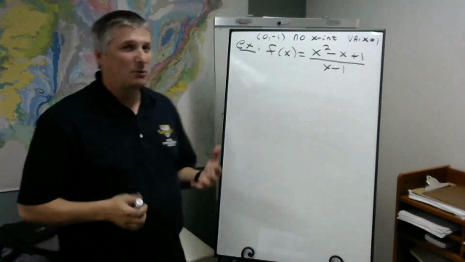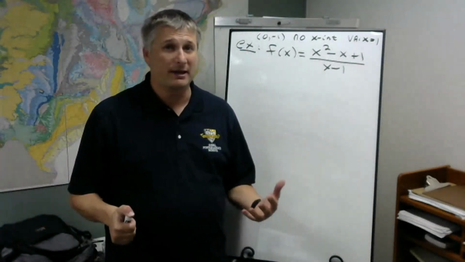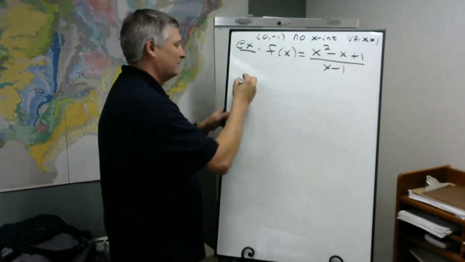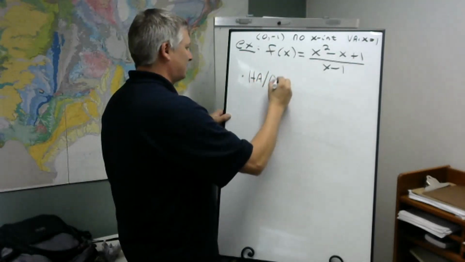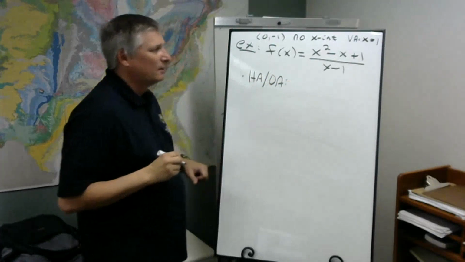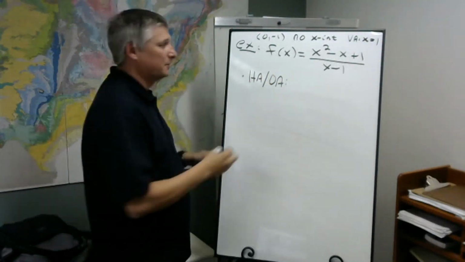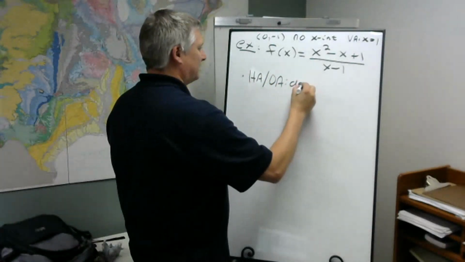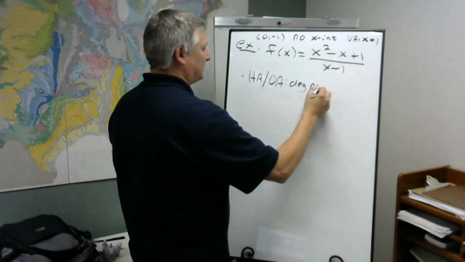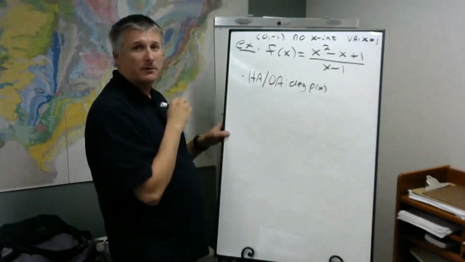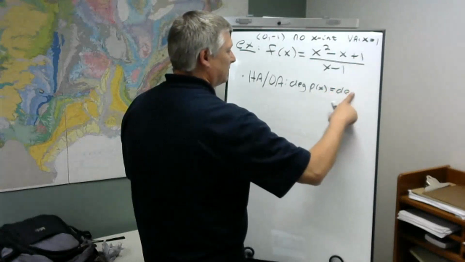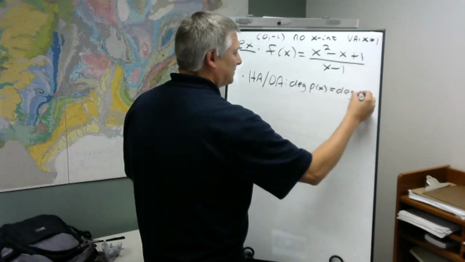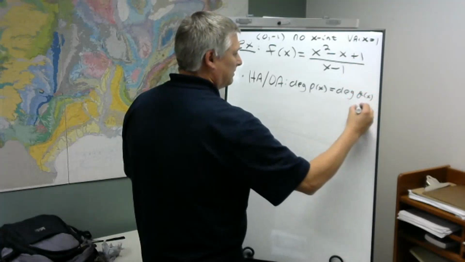So now let's look at the horizontal asymptote or the oblique asymptote. Well, if we look at the degrees, the degree of p of x, the numerator polynomial, is equal to the degree of q of x plus 1.